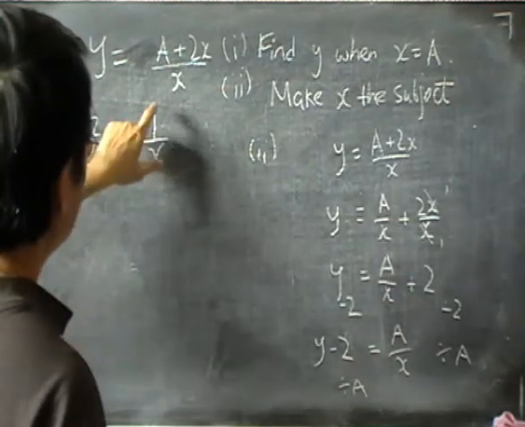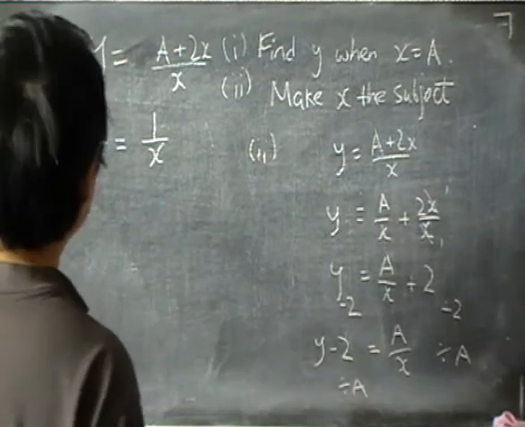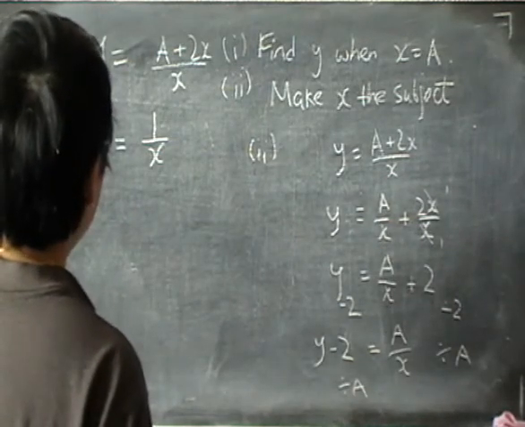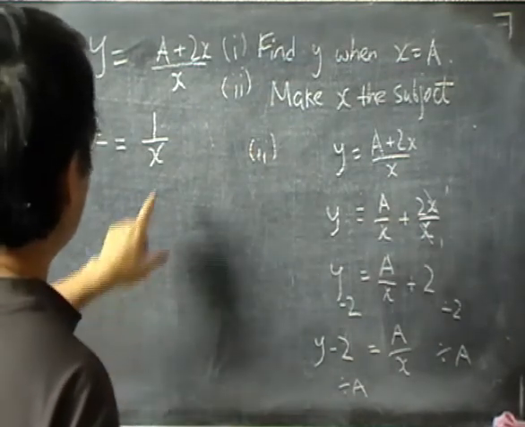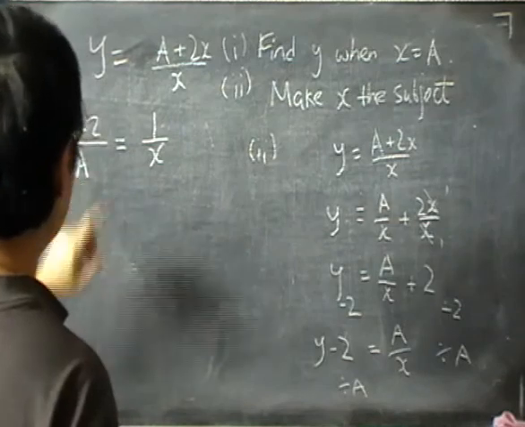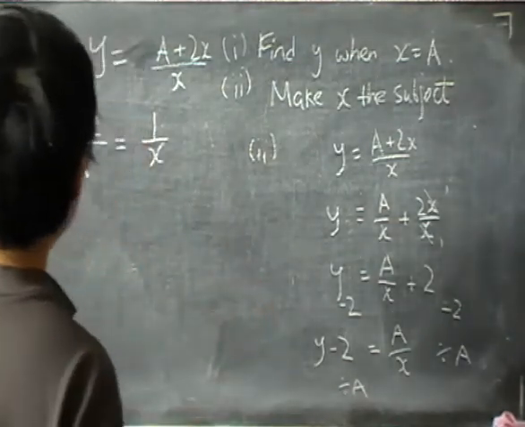Which means that we need to do something to the 1 over x. And what we could do in this case is that we can invert both sides. We can turn the fractions upside down.